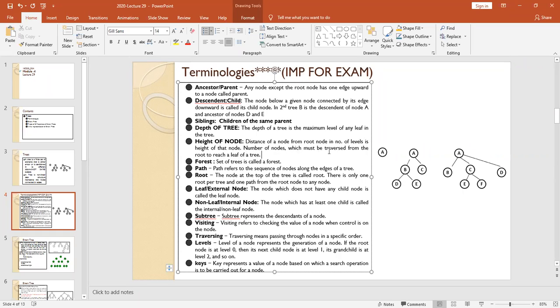The number of nodes which must be traversed from the root to reach the leaf of a tree is called the height. So what is the height of the node A in the second diagram?